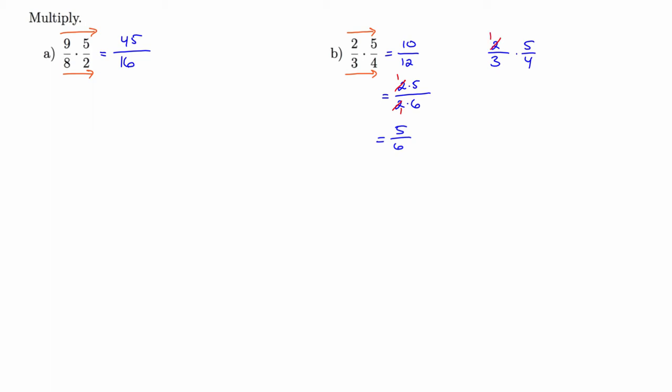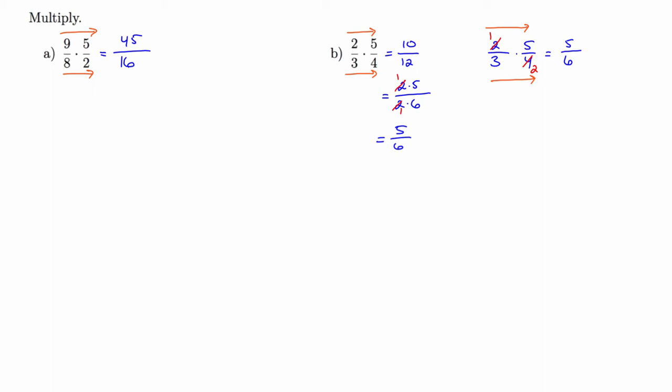If I cancel 2 out of the 2 and 2 out of the 4, I can reduce the fractions before I multiply. If I now multiply straight across the top and straight across the bottom, I now have the numerators 1 times 5, giving me 5, and 3 times 2 in the denominator, giving me 6. Notice I obtained the same 5/6 fraction at the end, but I did my canceling a little bit earlier.